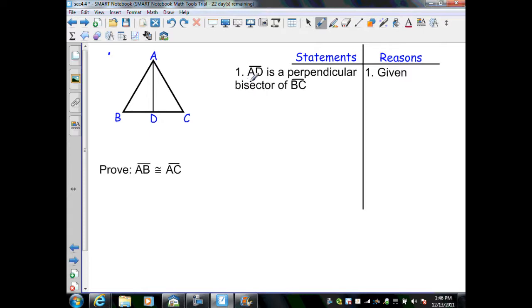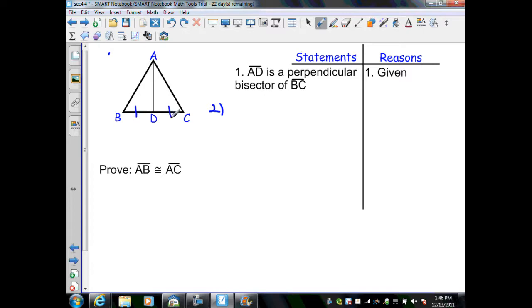In the next example, I'm given that segment AD is a perpendicular bisector of segment BC. I also want to prove that segment AB is congruent to segment AC. Remember, we want to prove triangles are congruent first. So let's start with our given information. We know that segment AD is a perpendicular bisector of BC. If this is true, since it is a bisector of BC, I know point D must be the midpoint.